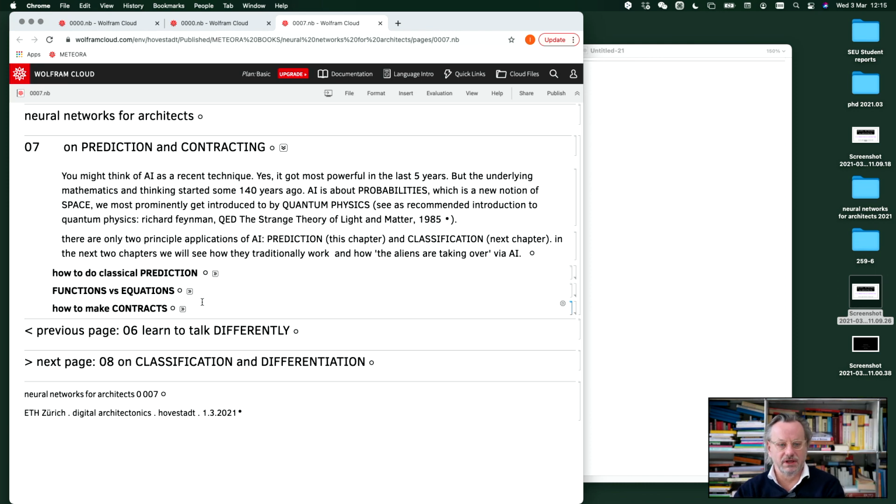So it's organized like this. We have classical prediction in the 18th, 19th century, the understanding of what prediction is with statistics. I then will push on the difference on functions and equations, and I would say that AI is not with the functions.